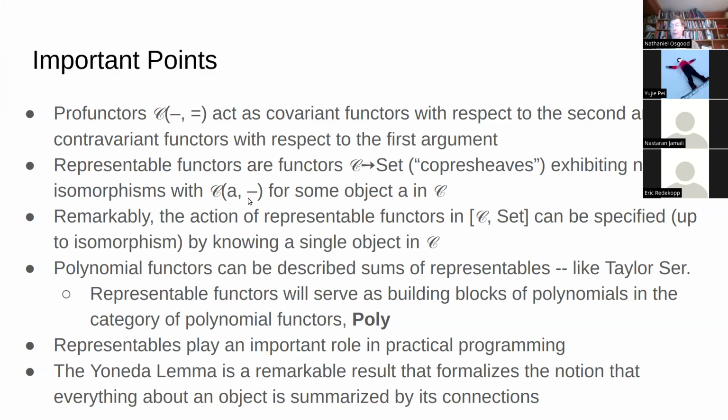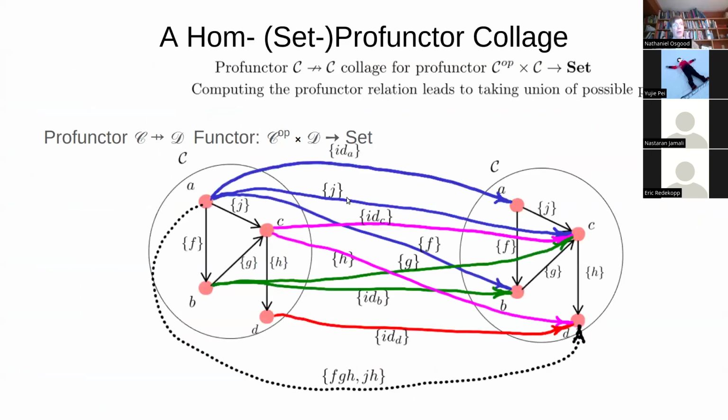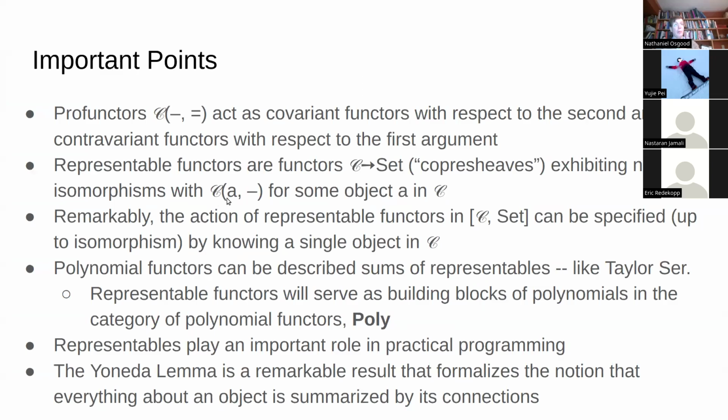Remember, this is a profunctor. So we can lift that morphism by post-composing, right? If it's a morphism from B to C, then it's going to take paths from A to B to paths from A to C, just like we've been seeing here. So here we're dealing with the hom profunctor.